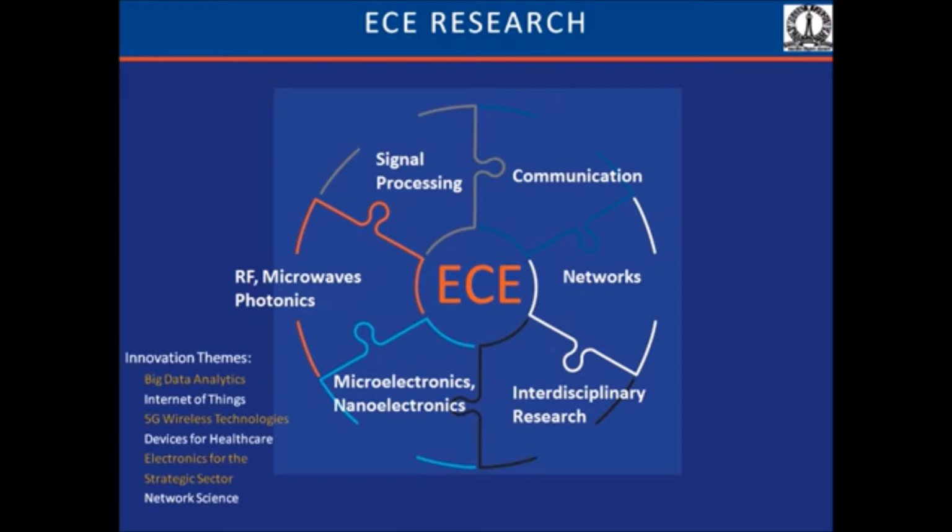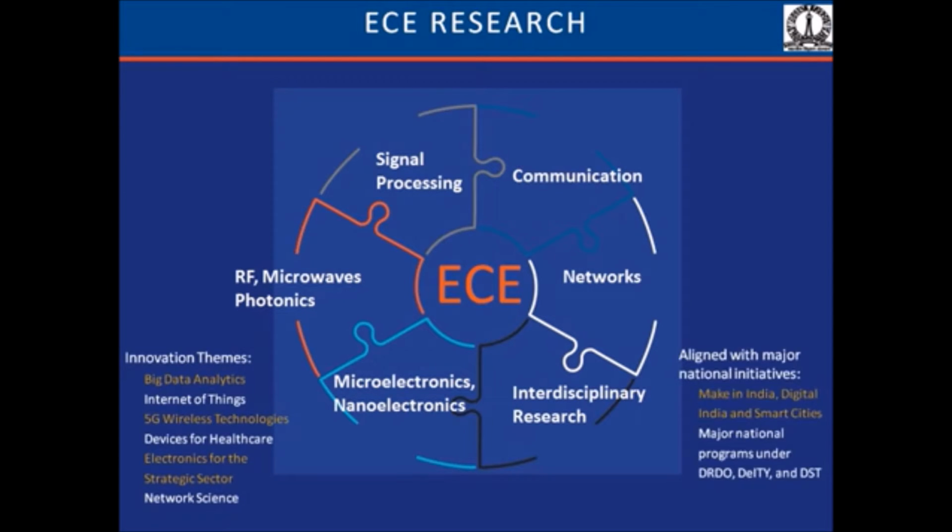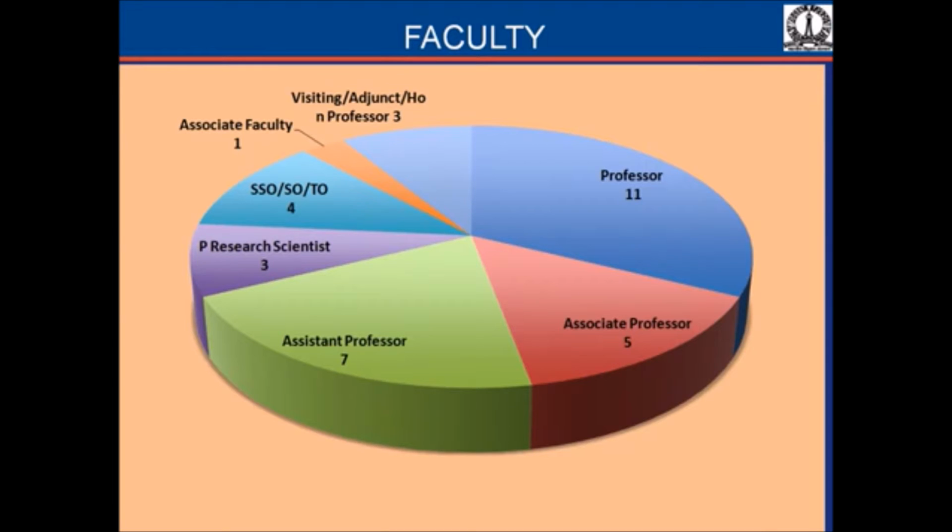Next slide. So the faculty composition. Basically, we have about 11 professors, 5 associate professors, 7 assistant professors. We have 3 principal research scientists. We have scientific officers, visiting professors, and associate faculty.